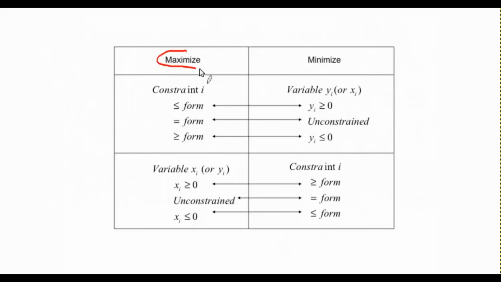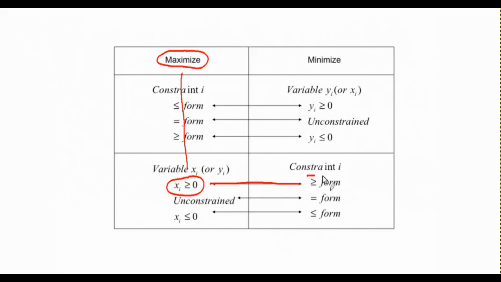So we start with maximization, and we go down the column to see what the sign restriction is for the decision variable. Our decision variable, x sub 1, was greater than or equal to 0. So we come down this column until we see the variable, in this case, is greater than or equal to 0. And then we move over to the right.